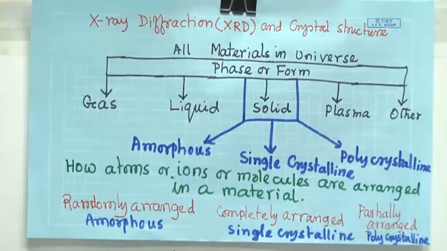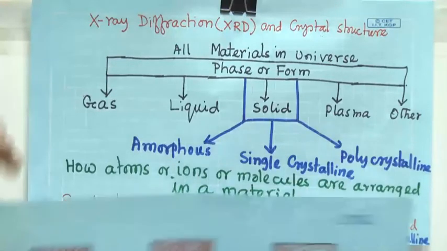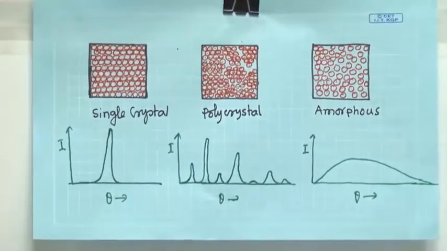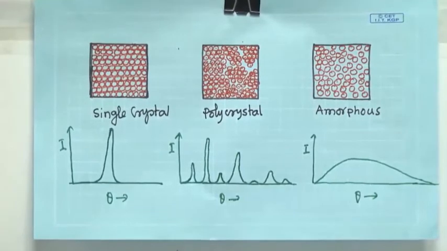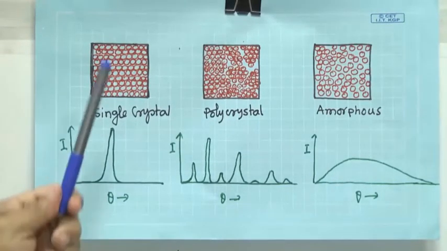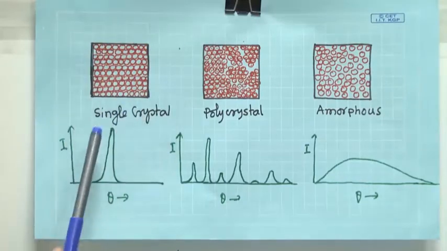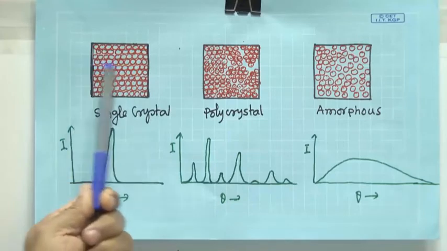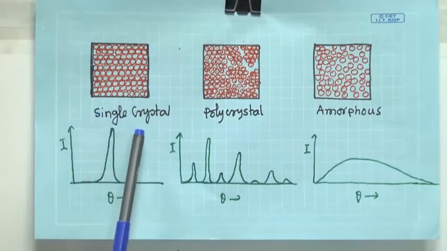Region-wise, in some regions... I have a picture to show it. Here you can see the atomic arrangement. If atoms are perfectly arranged like this, clearly they are ordered, so it is single crystalline.